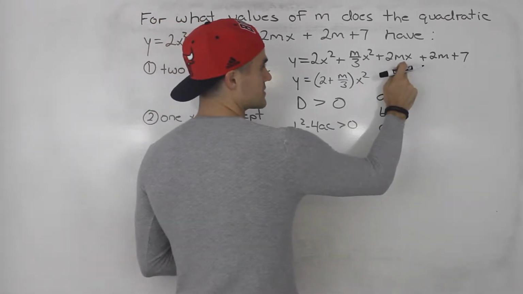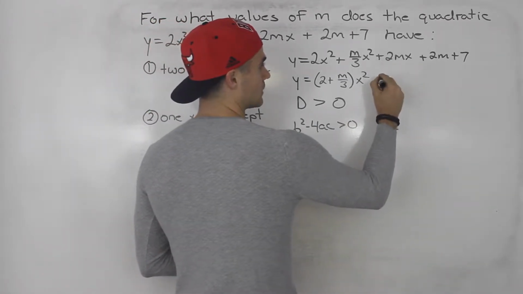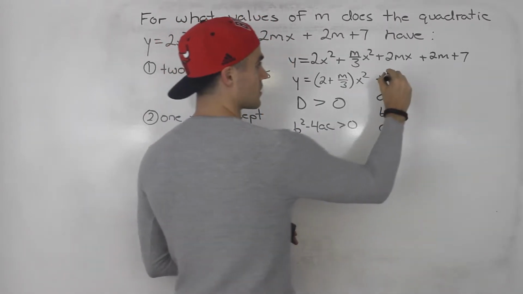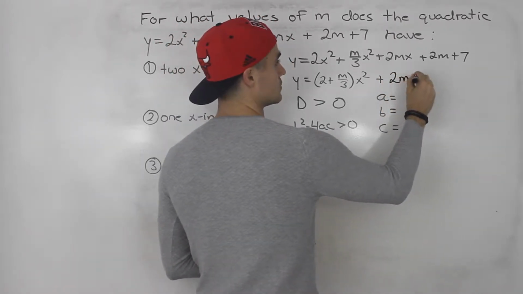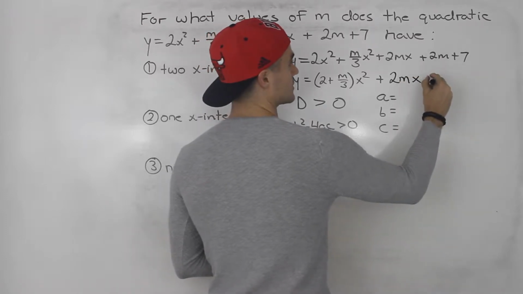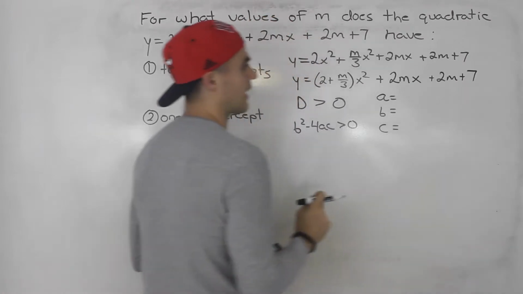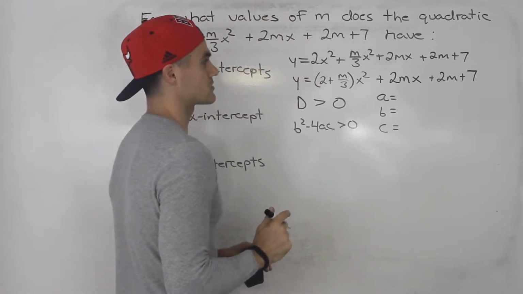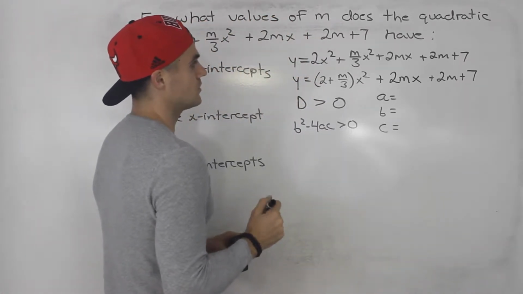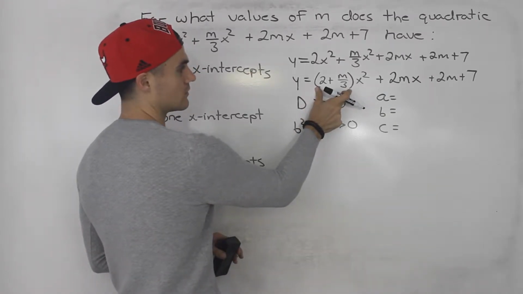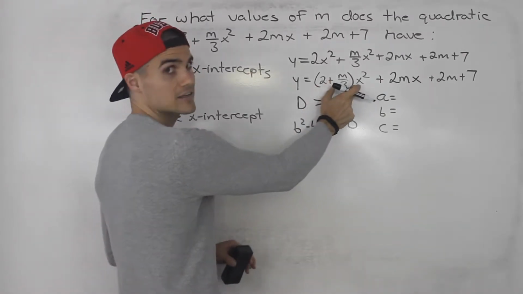And then here, this 2mx is the only expression that contains the x, so we could rewrite that as 2mx. And then plus 2m plus 7, those don't contain any x's, so we can rewrite those as well. Notice that the a value is this entire expression in front of the x squared.